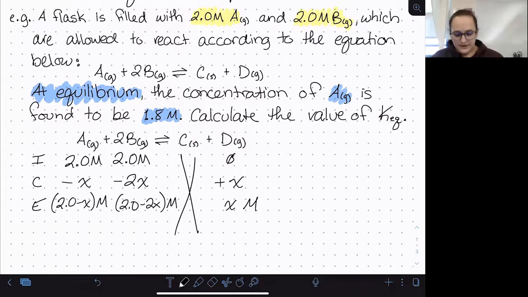What we are told here is that our equilibrium concentration of A is 1.8 molar. So that is telling us that 2 minus x is equal to 1.8.